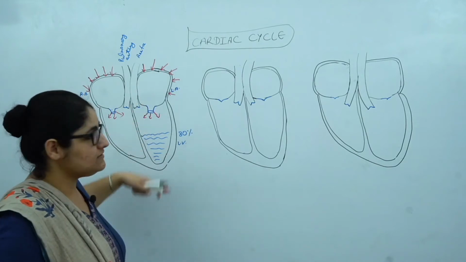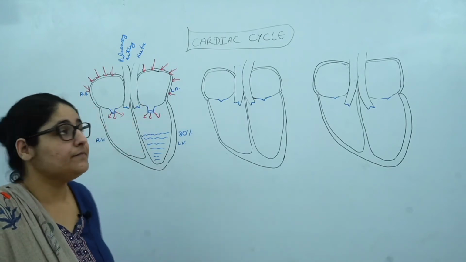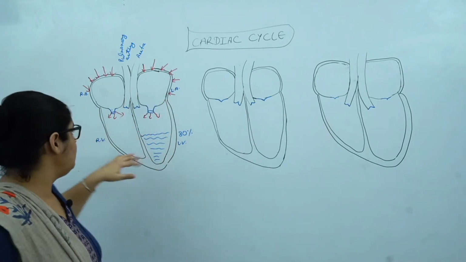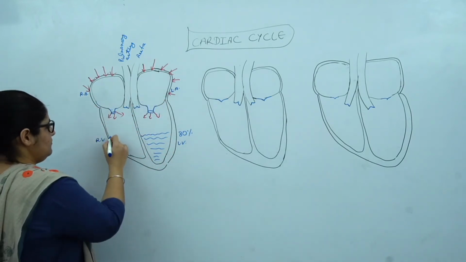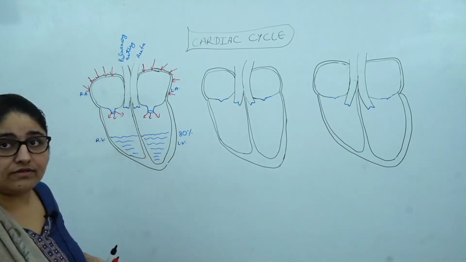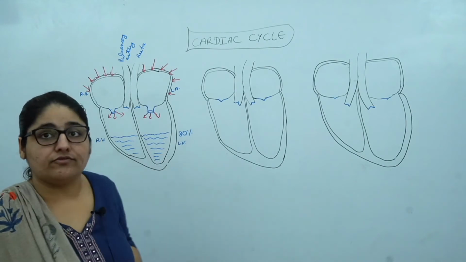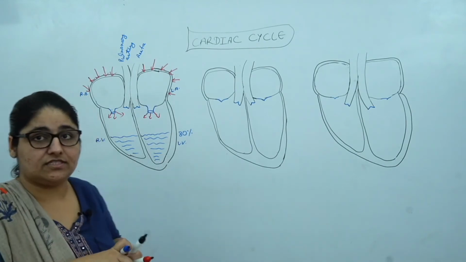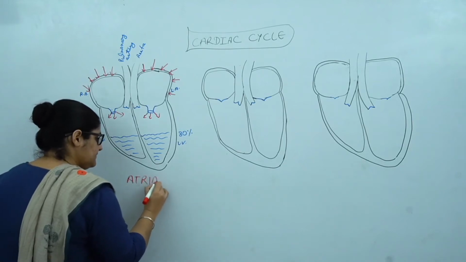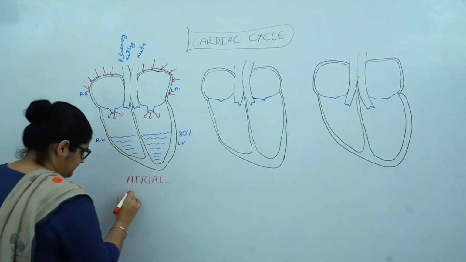So this is the first event of the cardiac cycle in which the atrium starts contracting and the mitral valve will open. Similarly, on the right side also, the tricuspid valve will open and the blood will flow from atrium to ventricle, and this stage is called the stage of atrial contraction.